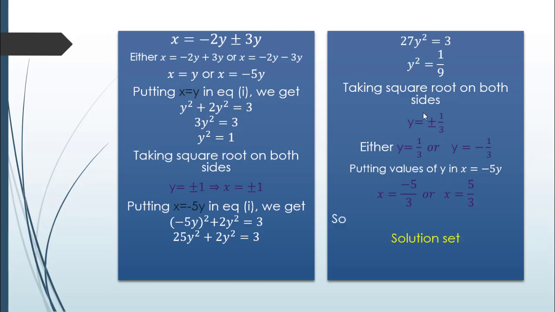So the solution set can be written as: when x is equal to 1, y is equal to 1. When x is equal to minus 1, y is equal to minus 1. When x is equal to minus 5 by 3, y is equal to 1 by 3. When x is equal to positive 5 by 3, y is equal to minus 1 over 3.